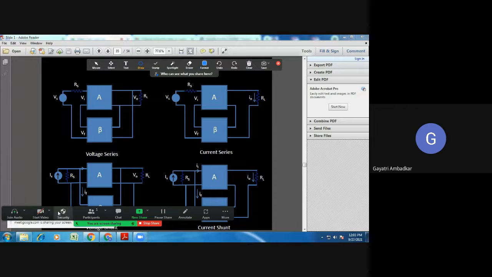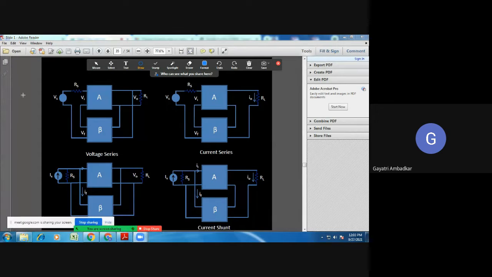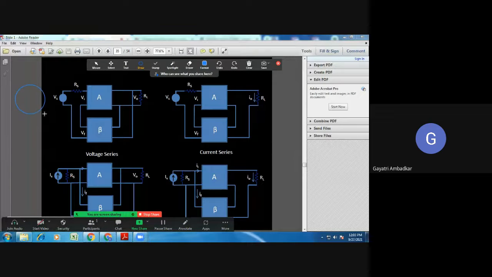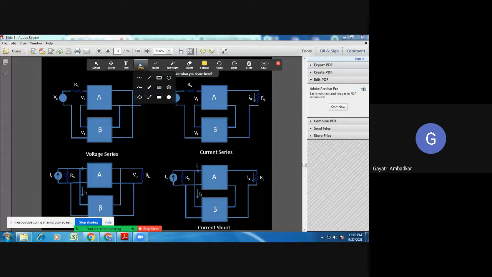Okay. Now let us talk about the effect on input and output resistance of an amplifier. So when I talk about a single amplifier, this is my single amplifier A. When I want to find its input and output resistance, its input resistance is available at its input terminal, and let's call it Ri, and the output resistance of this amplifier is Ro.